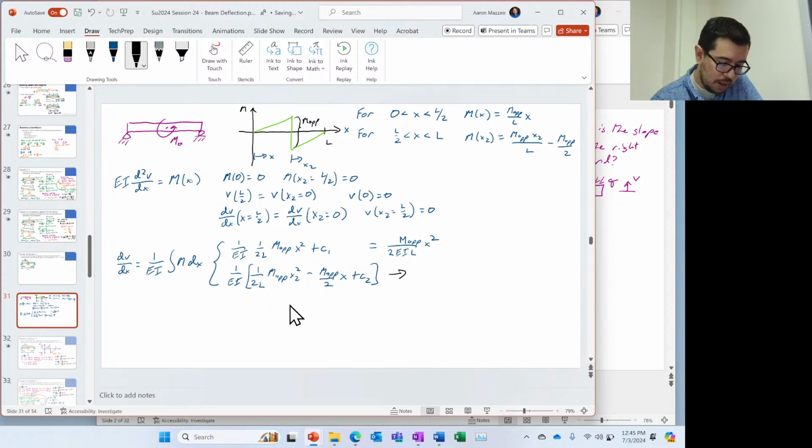So I have an M_AP L squared over 8, and I have, nope, but there's an L that got knocked out, so it's just M_AP L, like that, and this is going to be L over 4 plus C2 is equal to 0.